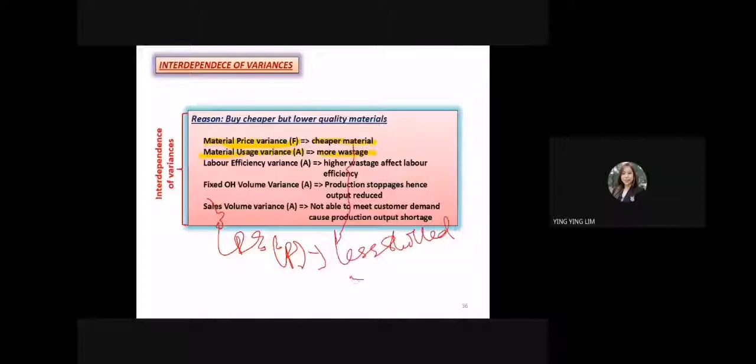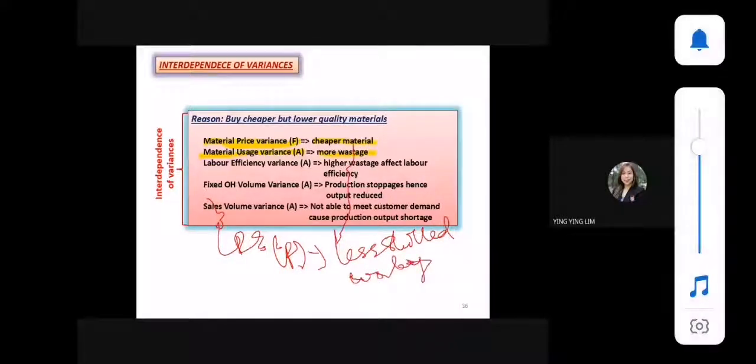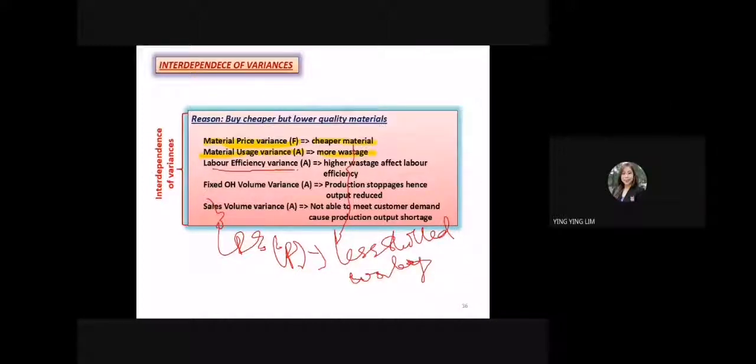So less skilled workers, their learning curve is not that great, alright? So they are less efficient. So if my labor efficiency variance is also adverse, then I can make a story here. Perhaps due to the company hiring a less skilled worker, they are less efficient, therefore they result in higher wastage, therefore it results in adverse labor efficiency variance.